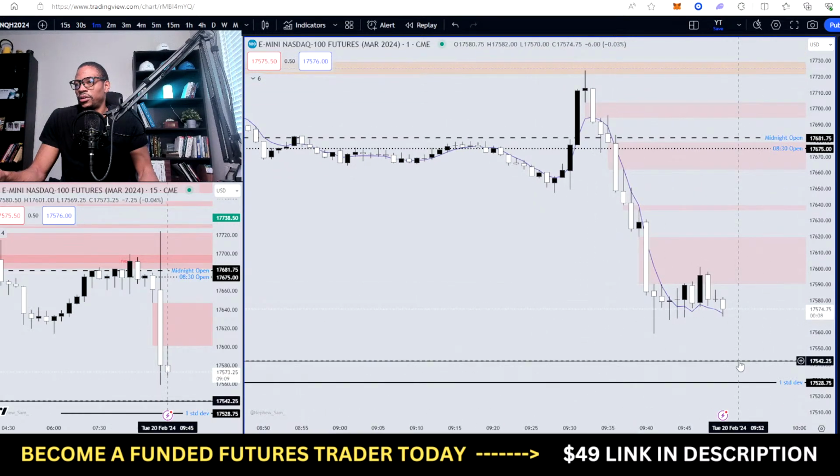Remember, we have a swing point here at 542. That's the first black line you see below us. And then one standard deviation measurement is at 528.